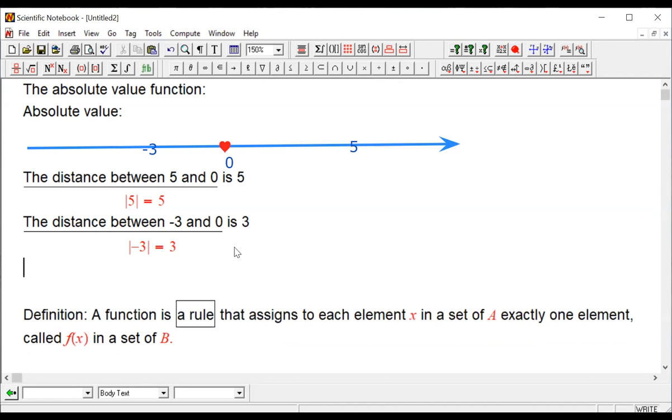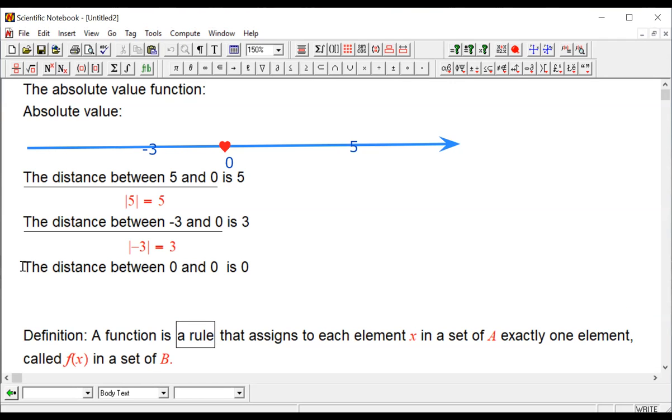Now, what's the distance between 0 and 0? 0 is the origin. Well, that's 0, obviously.